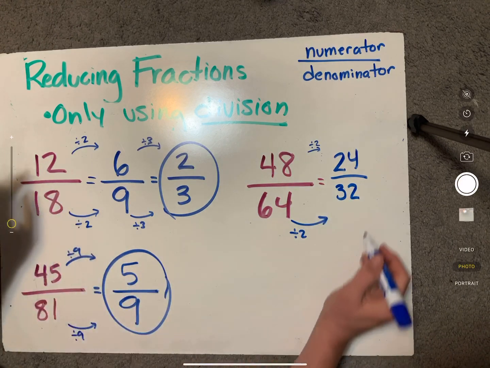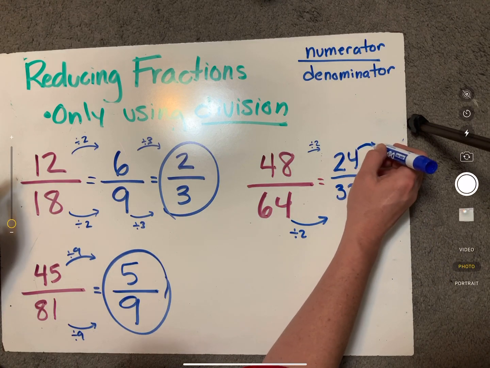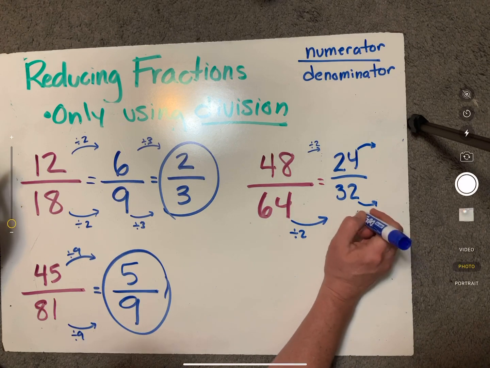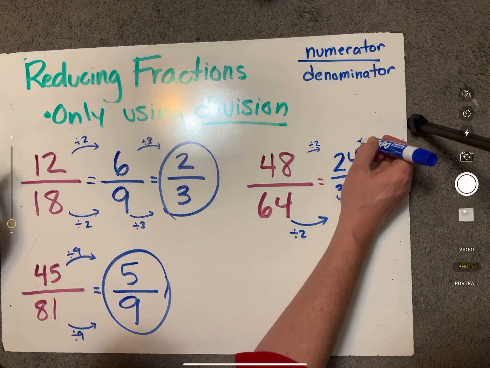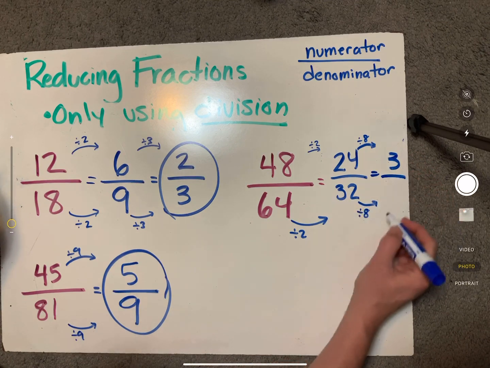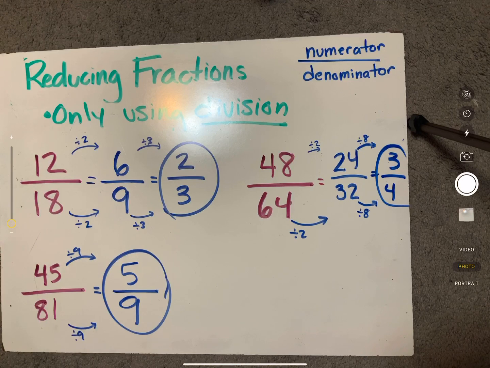And then if I look at this, I know that 4 goes into both of these. But if I also think about it, I know 8 goes into both of these. So if I divide this by 8 and this by 8, 24 divided by 8 is 3, and 32 divided by 8 is 4. So I get 3/4. Okay, does that make sense?